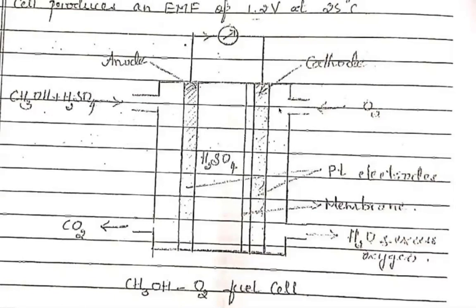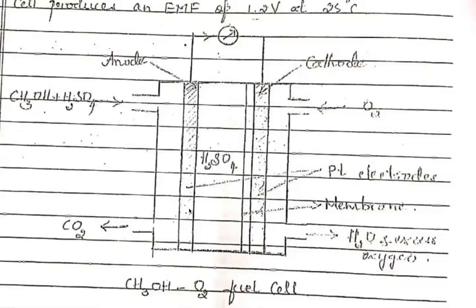And methanol has to undergo oxidation, and it will undergo oxidation in the presence of oxygen. So definitely fuel is supplied at the anode and oxidant is supplied at the cathode. In between them we will have the electrolyte, and the electrolyte used here is sulfuric acid. Okay, so you can see this diagram.